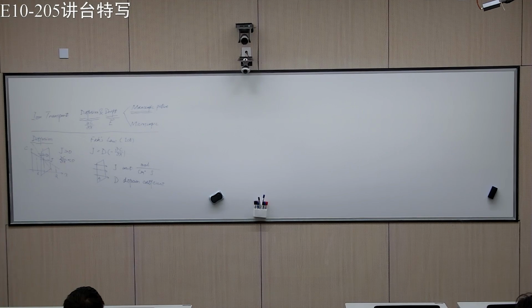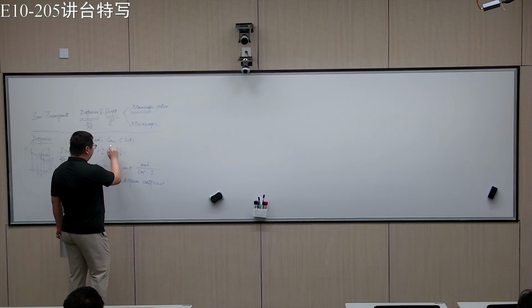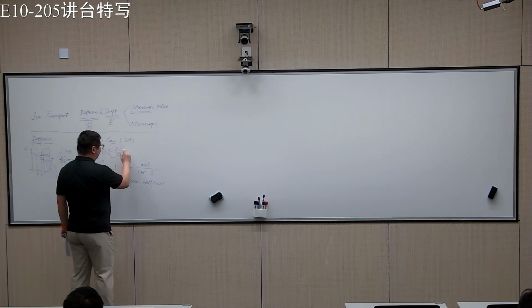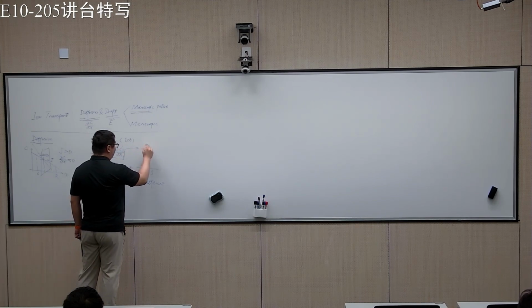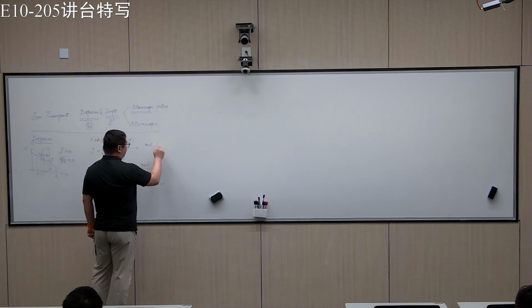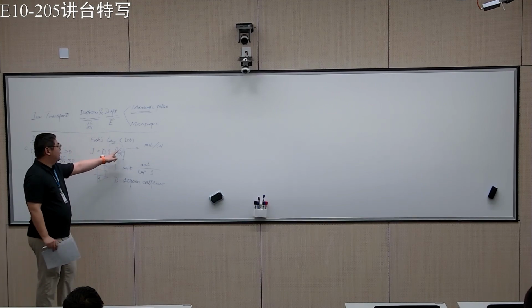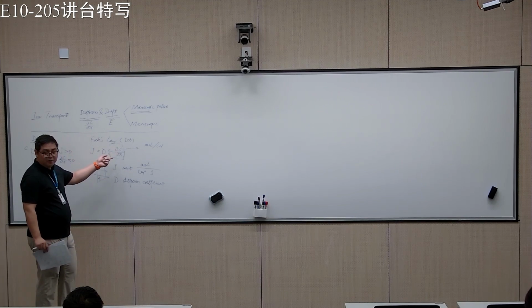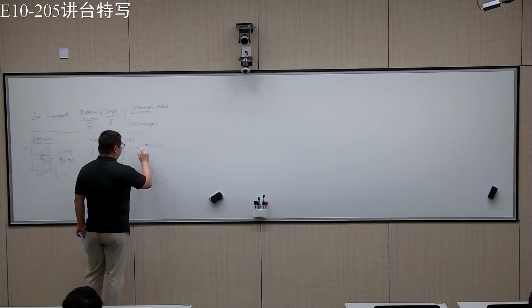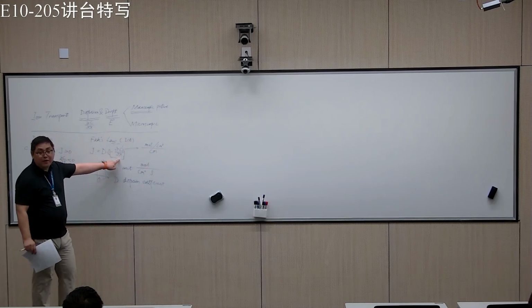We can see that this guy has a unit of moles per volume, because concentration is moles per volume. Then we divide that by another length because it's a concentration gradient.